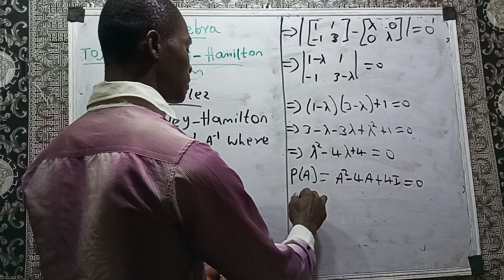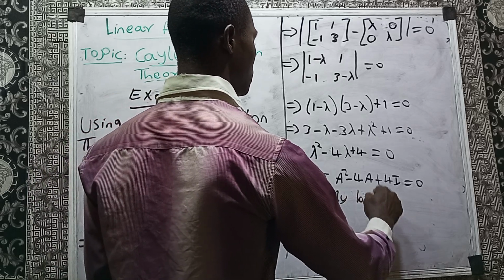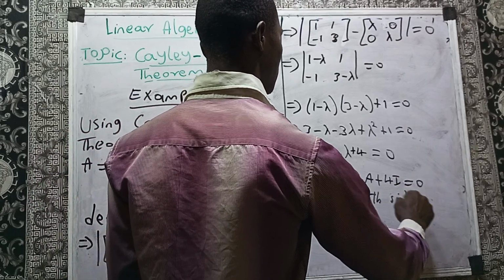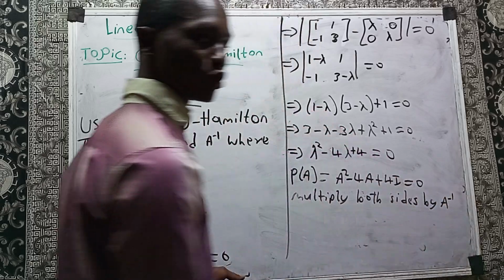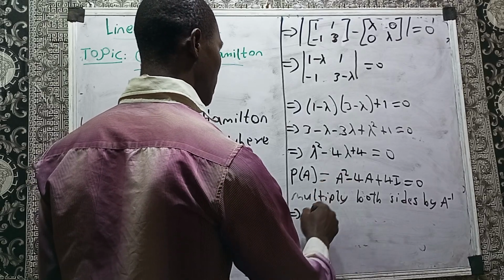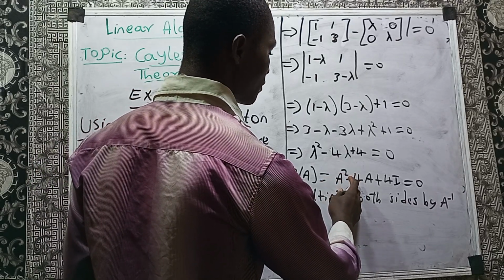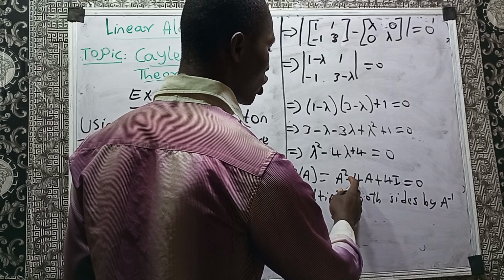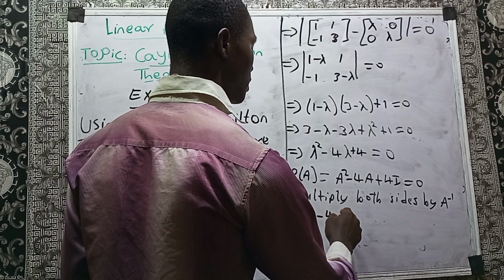What you are going to do, you multiply both sides by A inverse. When you multiply both sides by A inverse, this implies multiply A squared by A inverse, you have A. Multiply negative 4A by A inverse, you have negative 4.